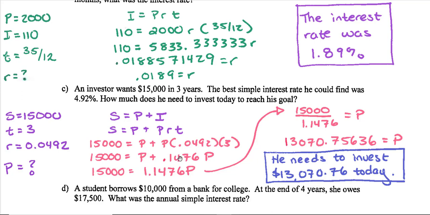I have 1 P plus another 0.1476 P, which together gives me 1.1476 P. I can divide that 15,000 by that 1.1476 to get P, and you can see that this investor will need to invest $13,070.76 today so that in 3 years he'll have $15,000.